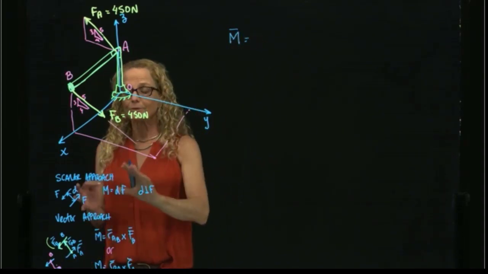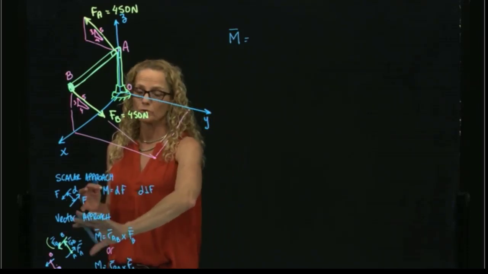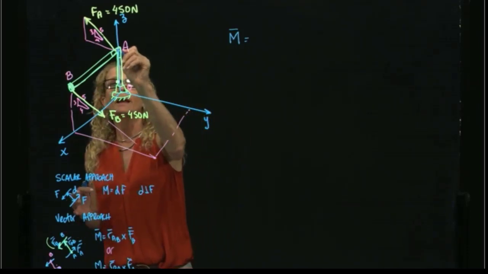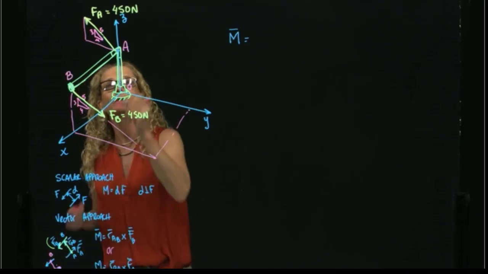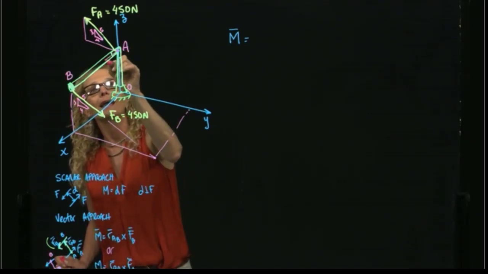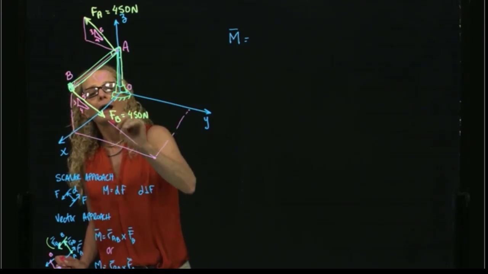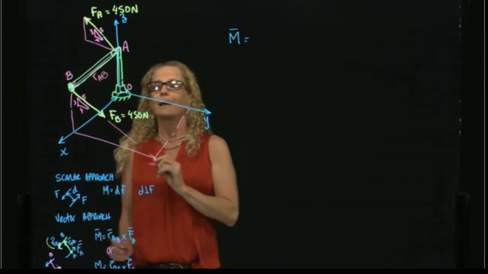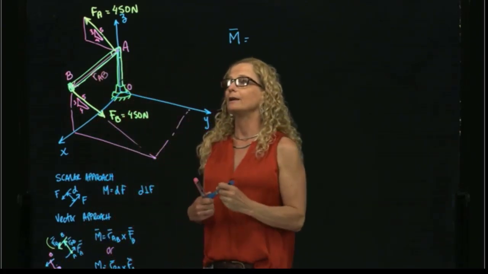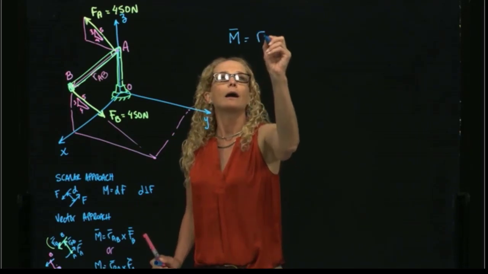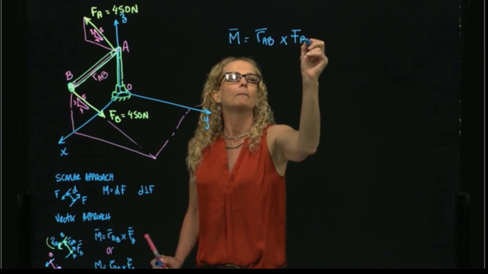since it's 3D, I would rather use the vector approach. I will use, let me see which color looks better here, this one, from A to B. This will be RAB, and I will use force B. Therefore, my moment will be equal to RAB cross FB.